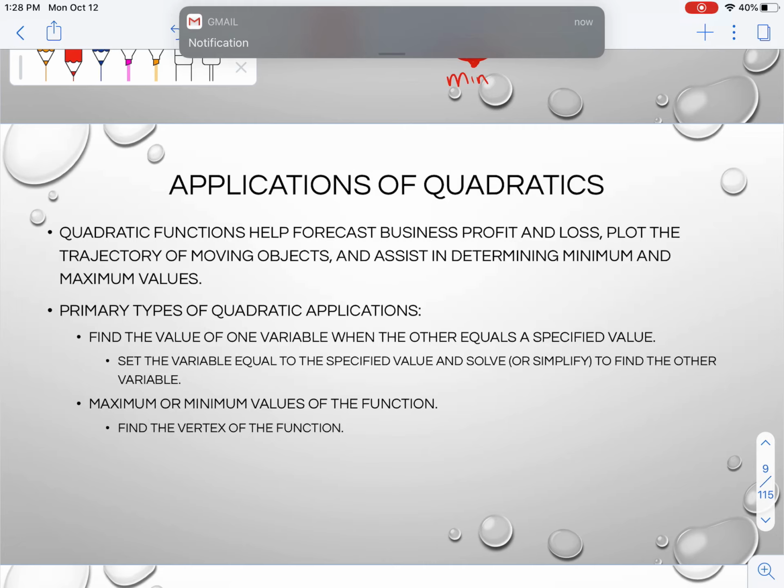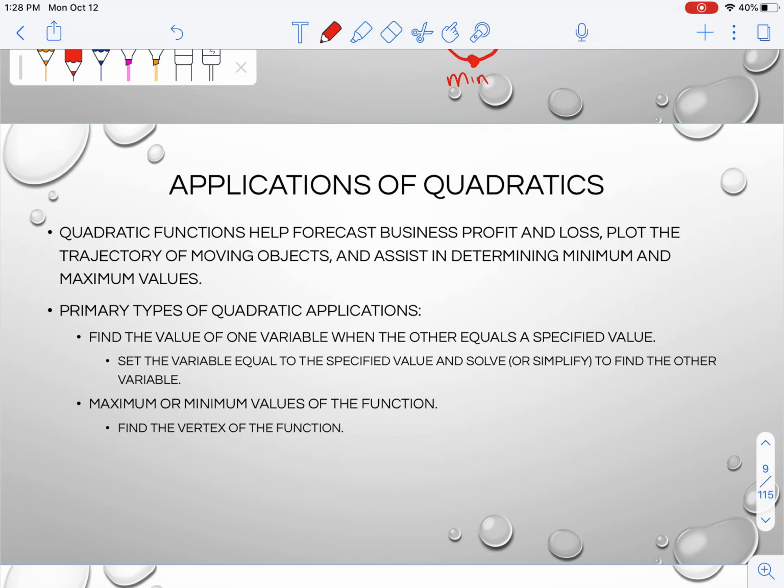Okay, so the primary things that when we're dealing with quadratic functions that we're going to be asked to do is, given one variable or the value of one variable, find the other. Okay, so we could be given x and asked to find y, or given a particular y value, go back and solve for and find the x values that make it true. Or we could be asked to find a max or a min of the function.